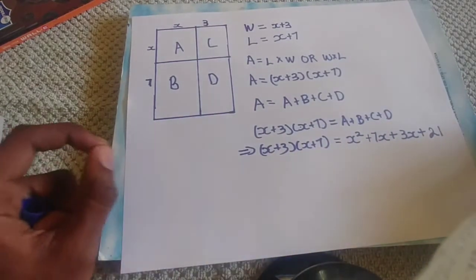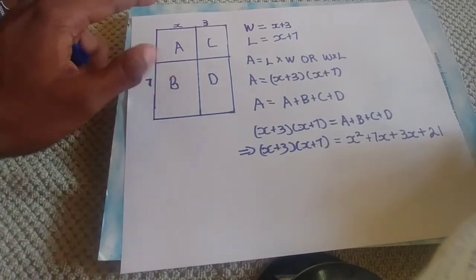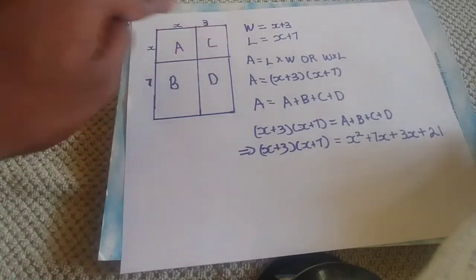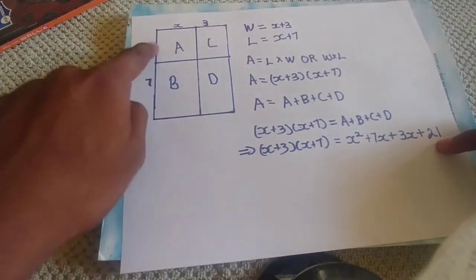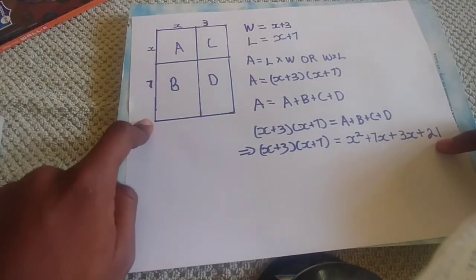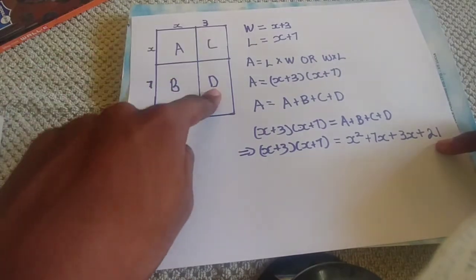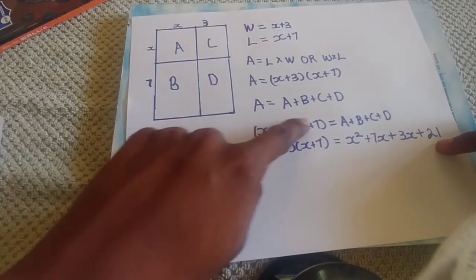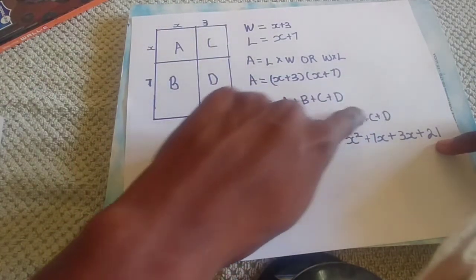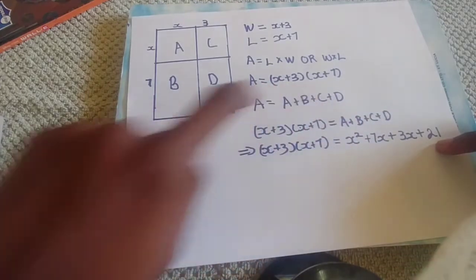21. So we basically broke up this entire rectangle, which has a width of x plus 3 and a length of x plus 7, into 4 smaller rectangles, and we said that the area of the big rectangle should be the same as the sum of the areas of all the smaller fragments.